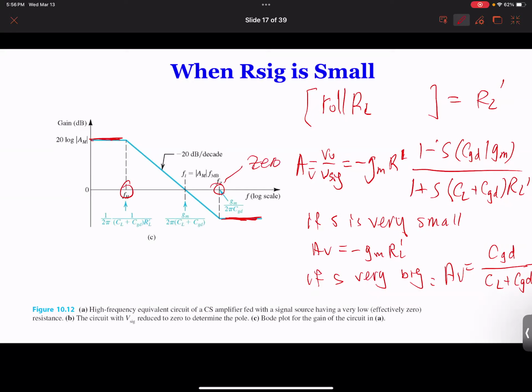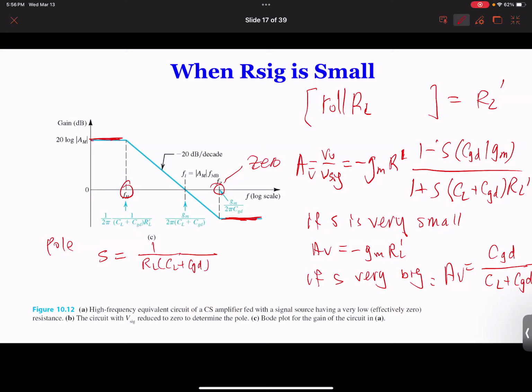The zero and the pole have a certain distance, and we can calculate these two values. We get this. So this is your pole here, and that's your zero. Your pole basically is, at the bottom, 1 over RL times CL plus CGD.